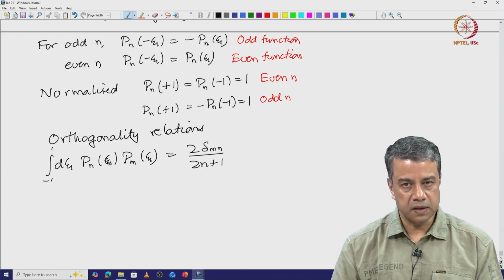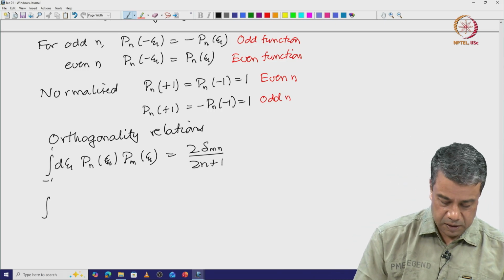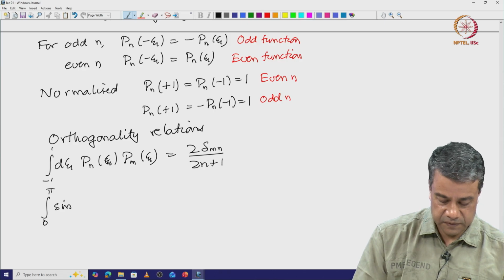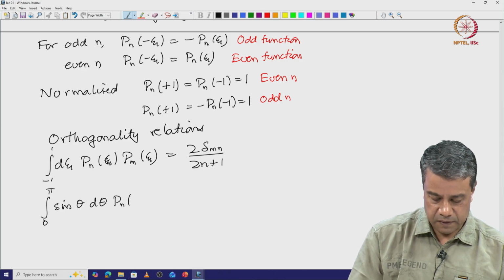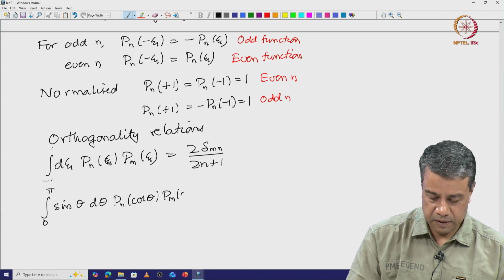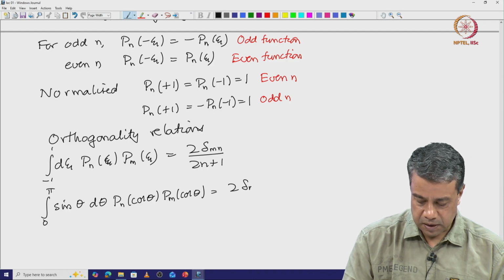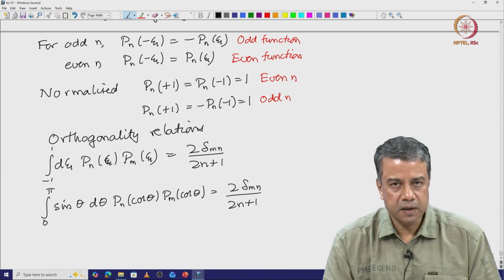Alternatively, I can write this in terms of theta. Integral 0 to pi, integration has to be sin theta d theta in a spherical coordinate system. Pn of cos theta, Pm of cos theta is equal to 2 delta mn by 2n plus 1.